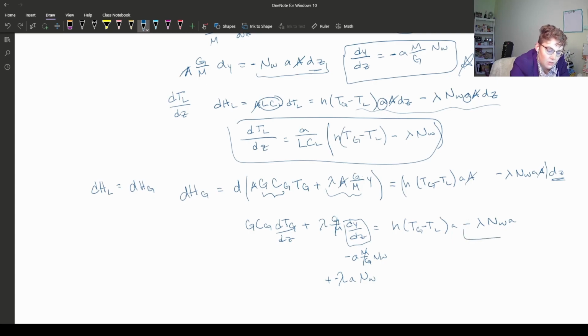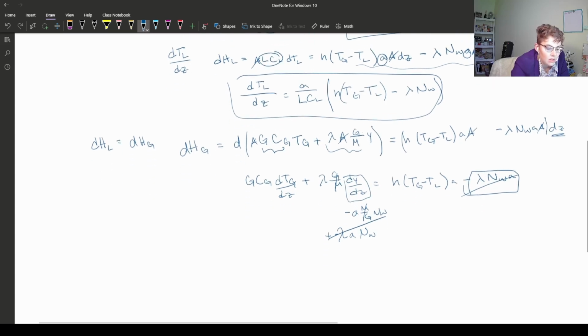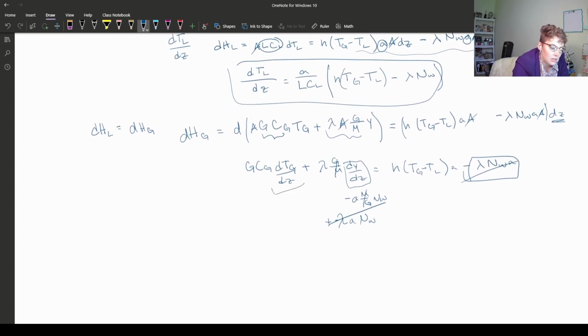And then when you look over here, you can see that this same term exists, which means that these cancel out. Next, we can isolate our differential equation that we want, and that will look like this, which will give us our third and final differential equation that we need to solve for.